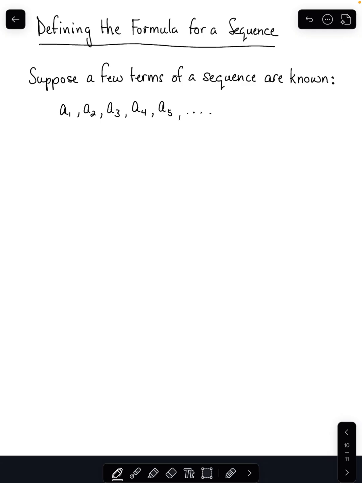So 3 is the bare minimum number of terms of the sequence that you need. 4 would be better, 5 is even better. This is going to be based on pattern recognition.